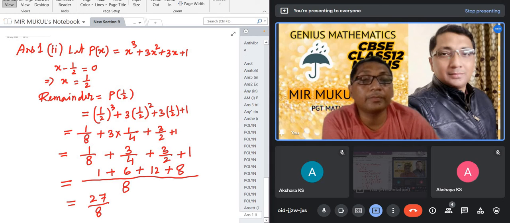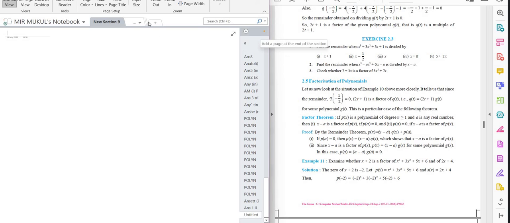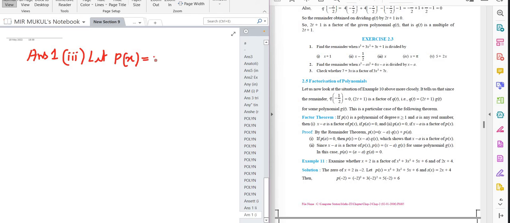So I hope you understood. Then third question, only x. Now I'm showing how we'll do the third question. So answer 1, third part. Let P(x) equals x cube plus 3x square plus 3x plus 1, and you are dividing by what? x.